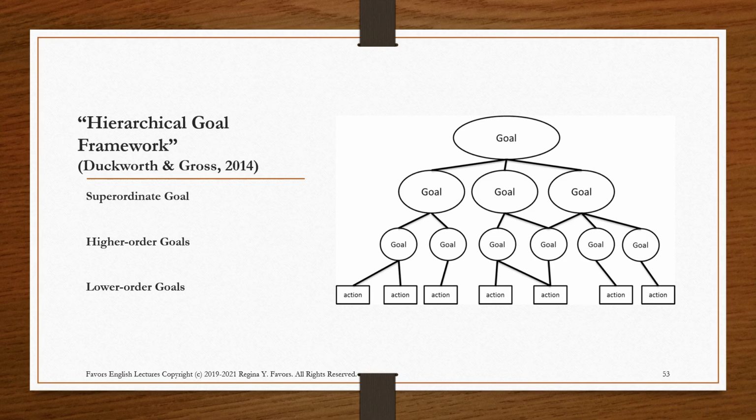Then they became a coordinator, and then a supervisor, a manager, likely a director, vice president, president, and now they are CEO or president and CEO. So that's what we want to look at in terms of the hierarchical goal framework and how you can then set your academic, professional, and personal goals.